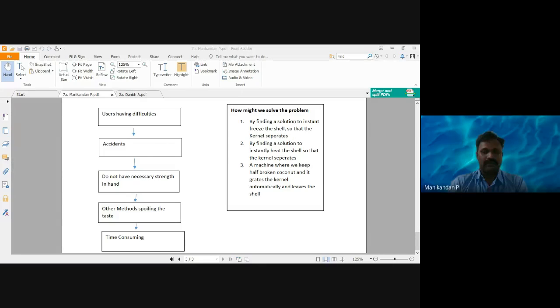By freezing, the kernel also comes out, and the paste can also be made. So my learning from this is that in collaboration with a proper engineer, I am sure that without much loss of stamina and time, these coconuts can be frozen and taken out, and we can invent something which is very quick and handy and small. Thank you.